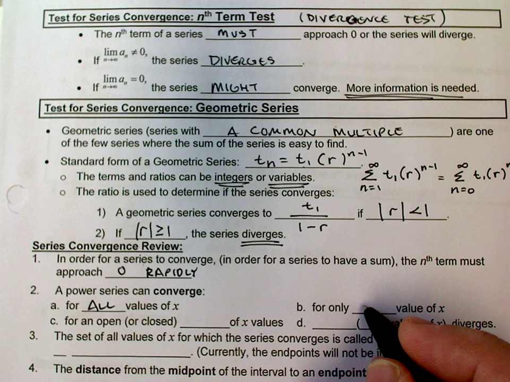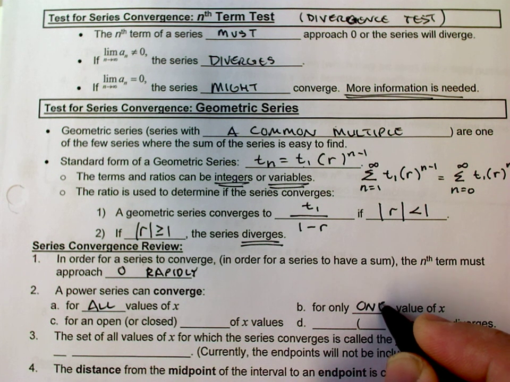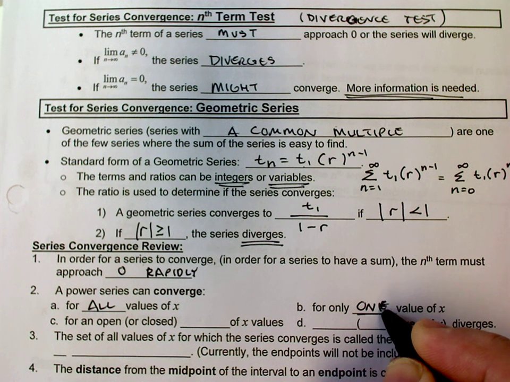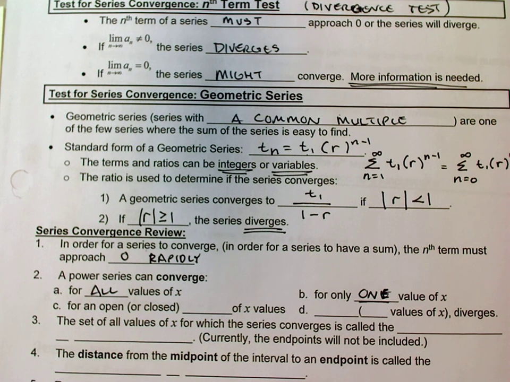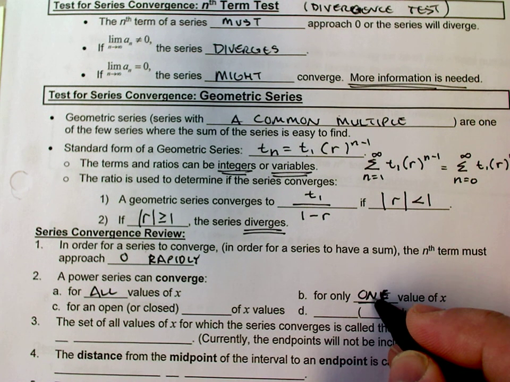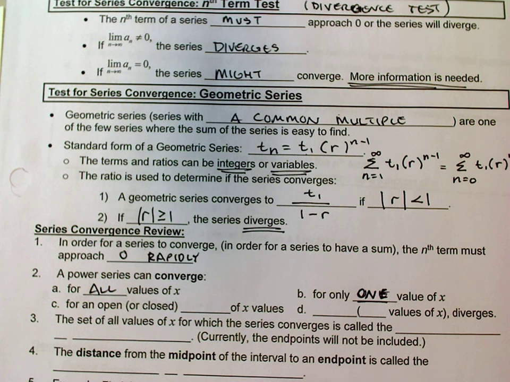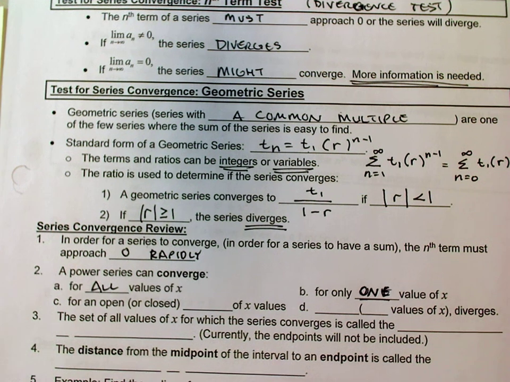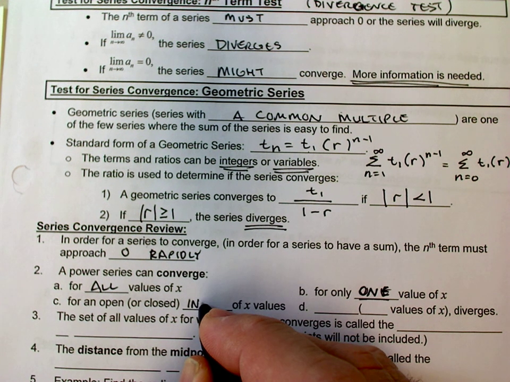So sometimes we may do our analysis and we'll find out that only in one special case, when x equals, say, 7, the series converges. Sometimes we will find out that there's an interval of values for x that will work.